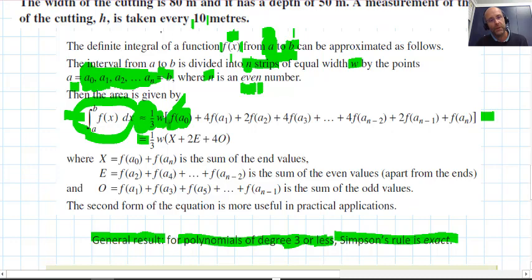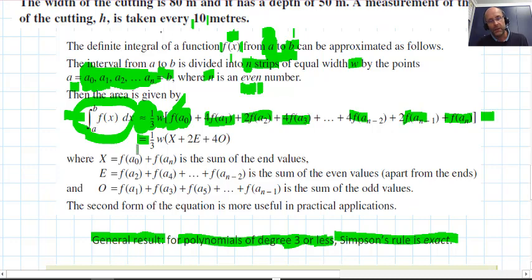So sub A0 in, and again this can be found by proof, but then we do 4 times f of A1 plus 2 times f of A2, 4 times f of A3. See how it alternates between 2 and 4? There are reasons for that which go beyond the scope of this video, but it is an interesting activity. Up to 1 times f of A sub n, we get the area approximated.